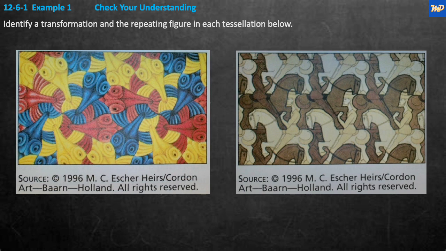Okay, I'm sure you're back now. So let's see if we can figure this out. What is the repeated figure in this one on the right? It appears in every case that the repeated figure is this fish.